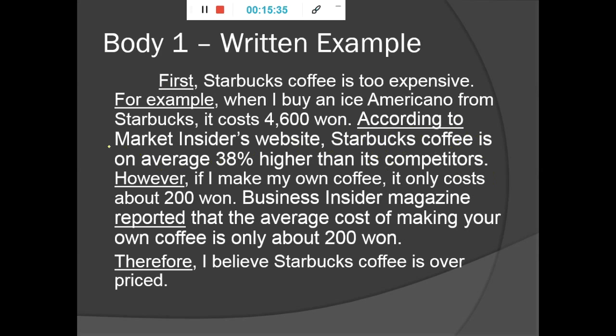Starbucks coffee is on average 38% higher than its competitors. However, if I make my own coffee, it only costs about 200 won. And Business Insider magazine reported that the average cost of making your own coffee is only about 200 won. Therefore, I believe Starbucks coffee is overpriced.